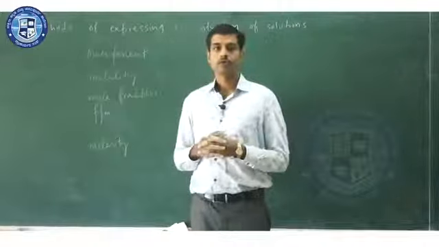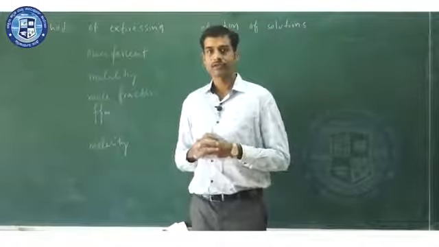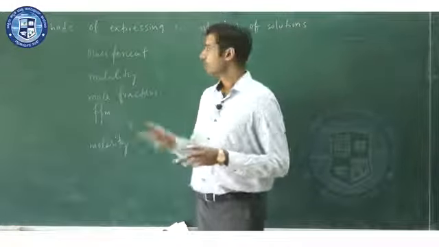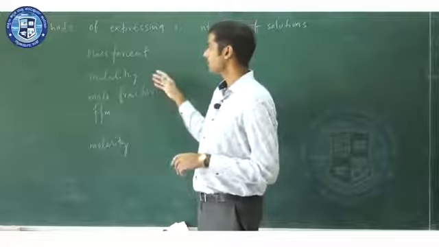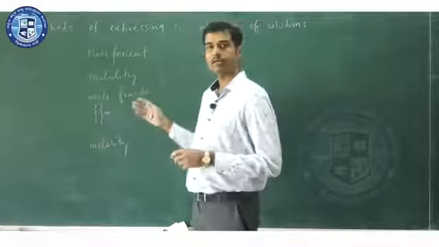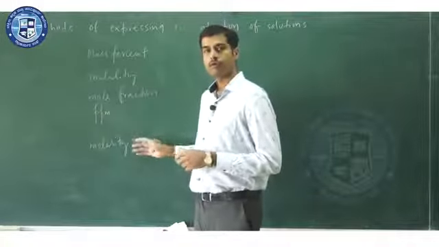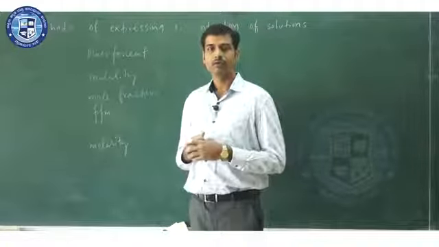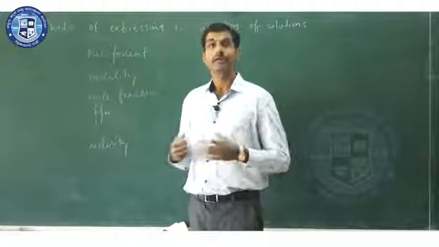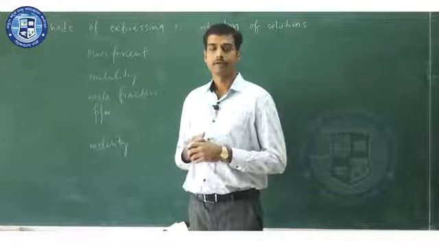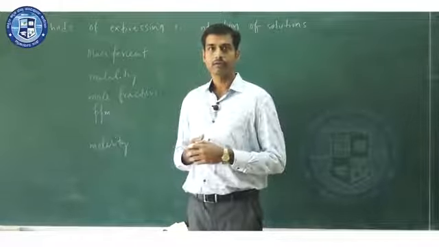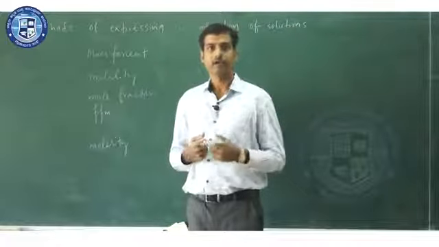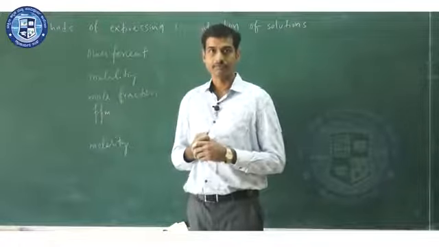You have therefore gone through several methods of expressing concentration. You got mass percent, molality, mole fraction, parts per million and molarity. Each method will have its own merits and demerits. Depending upon the convenience, you may have to use a particular method of expressing concentration.